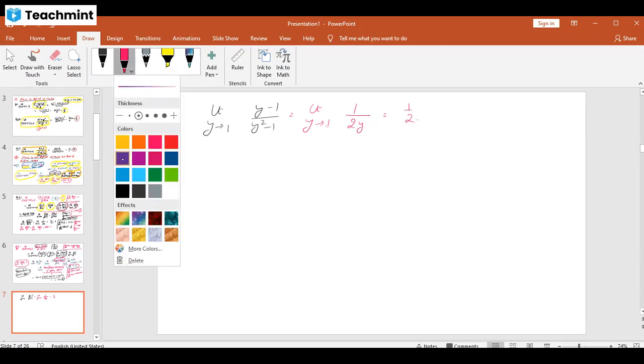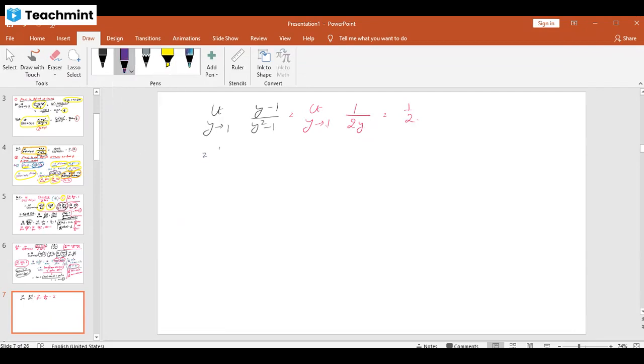Or on the other hand, we can also solve it in this way, that this can be written as limit y approaches to 1, y minus 1 upon y square minus 1. Now this function can be factorized as the product of two linear factors, y minus 1 and y plus 1. Now because y approaches to 1 means y is very close to 1, but it is not necessarily equal to 1, we can cancel out these two factors.